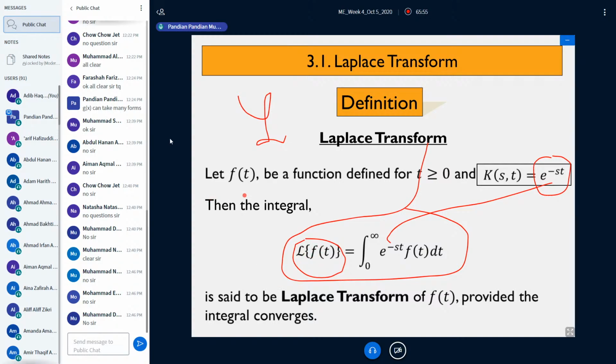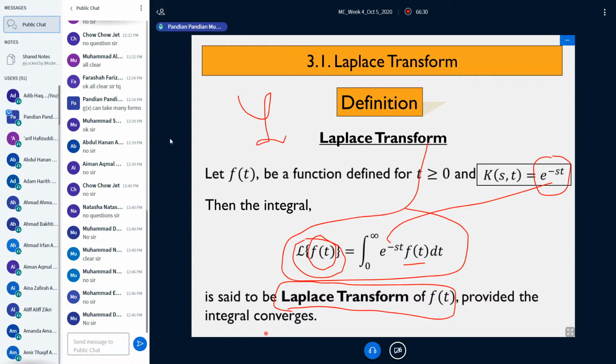So let f(t) be a function defined for t from 0 to infinity, and K(s,t) is e to the power minus st. Then the Laplace transform of f(t) is the integral from 0 to infinity of e to the power minus st times f(t) dt. The f(t) is the function. It is not given; it is said to be Laplace of f(t). f(t) is yet to be known, at the moment unknown.